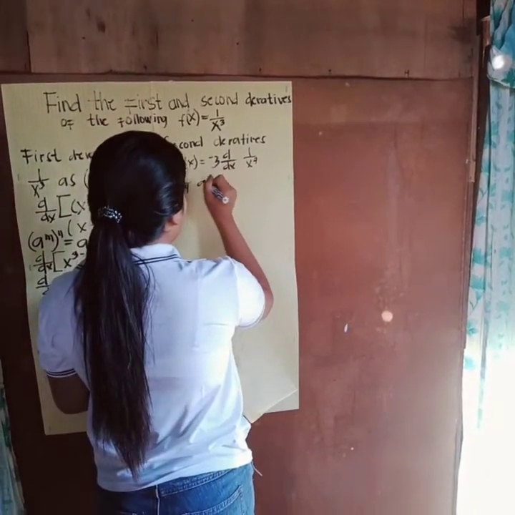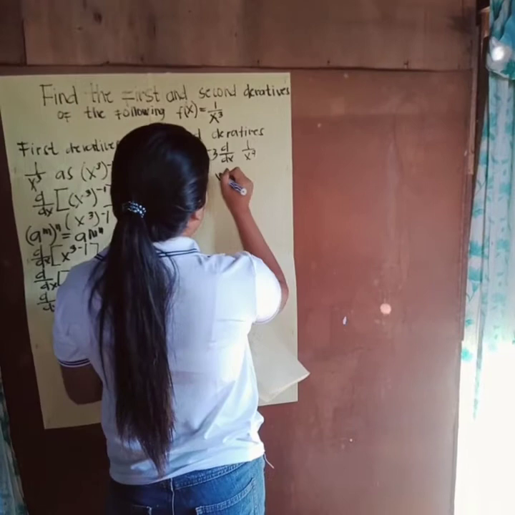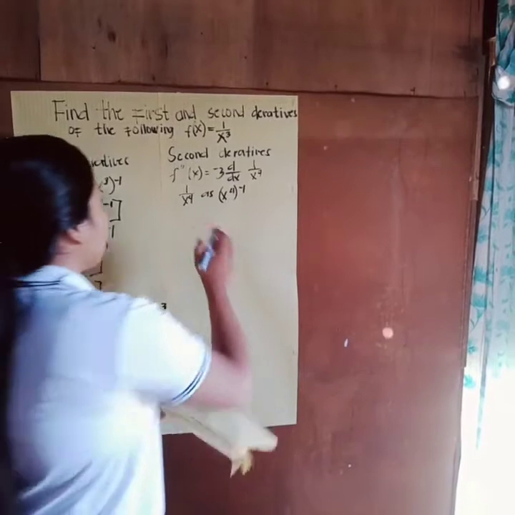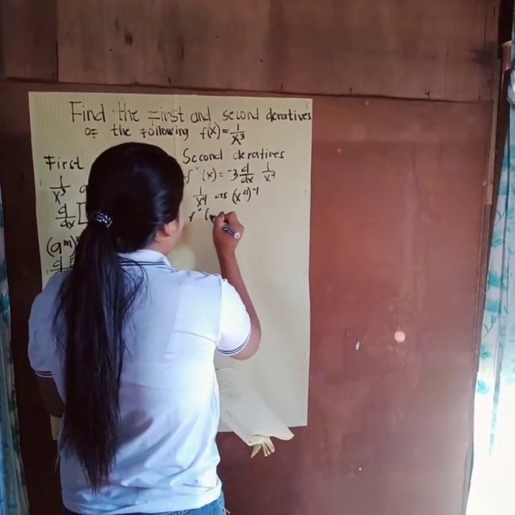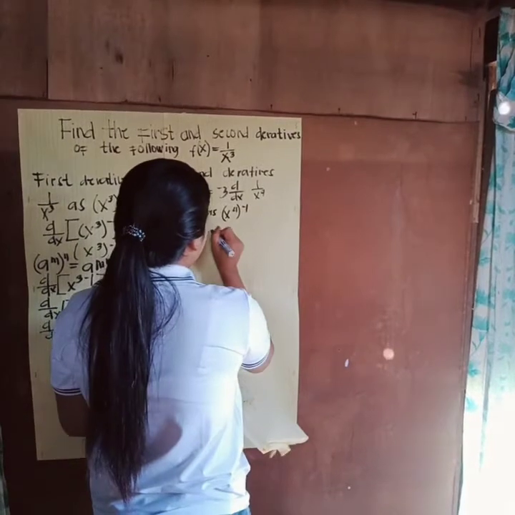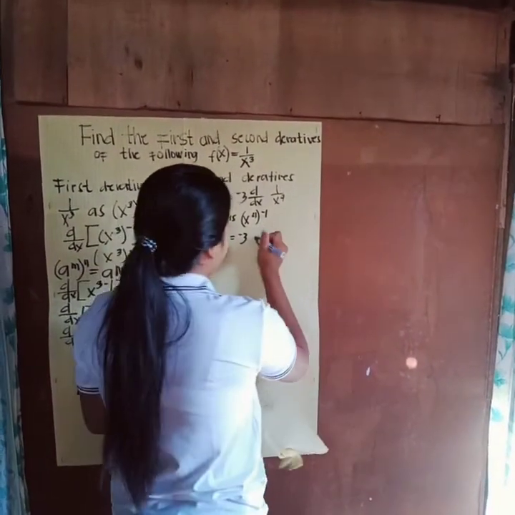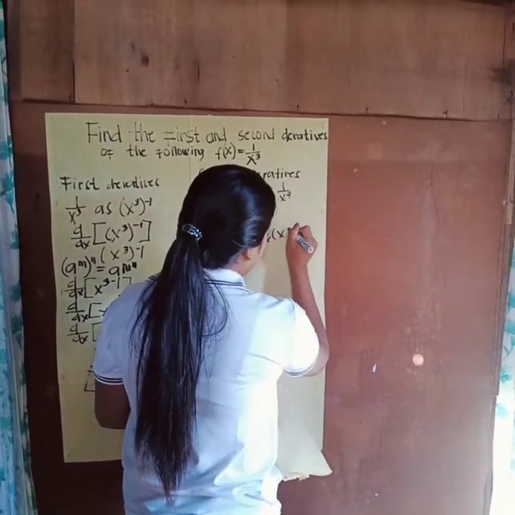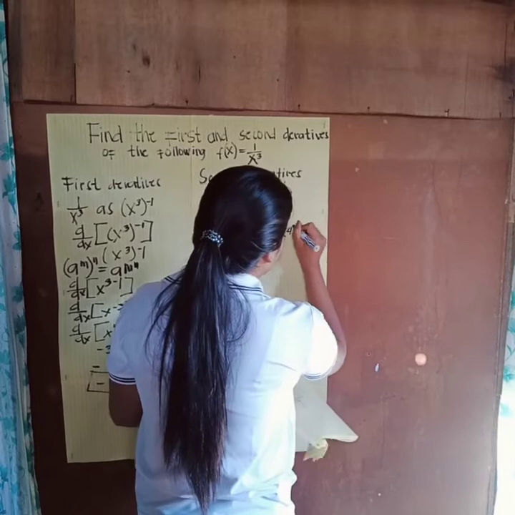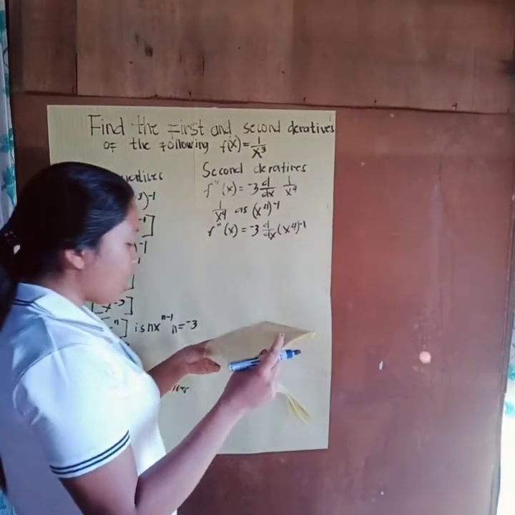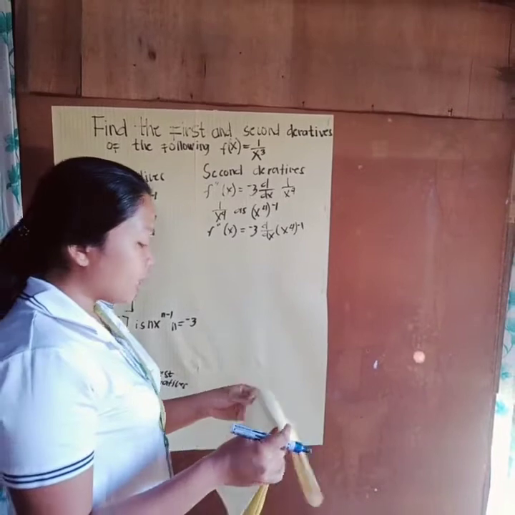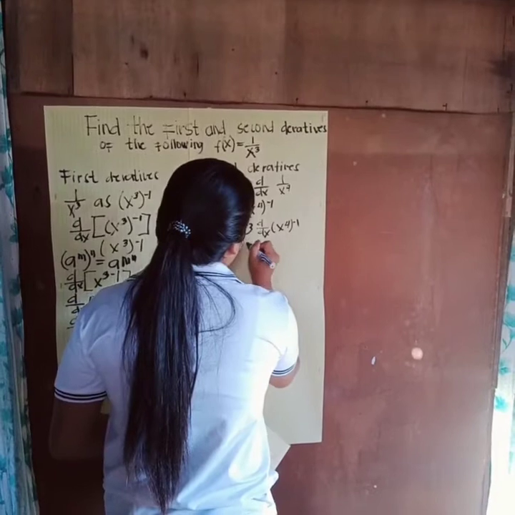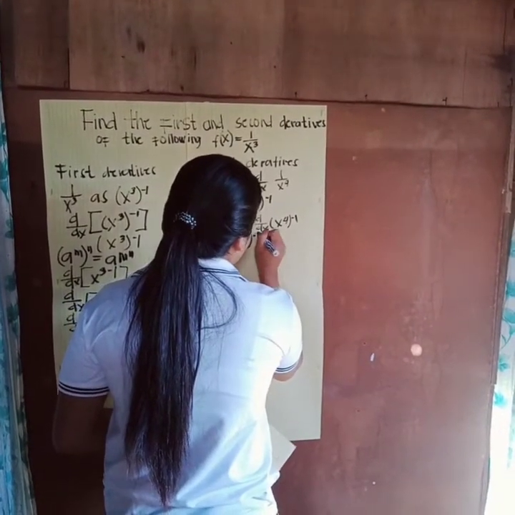1 over x to the 4 as x to the 4 times negative 1. f double prime of x is equal to negative 3 d over dx of x to the 4 times negative 1. Multiply the exponent in x to the 4 to negative 1.